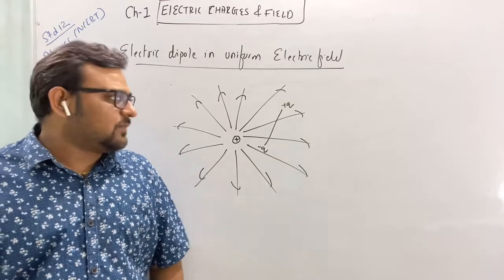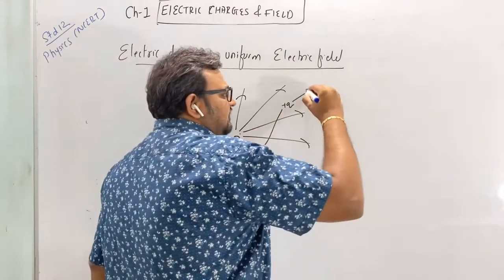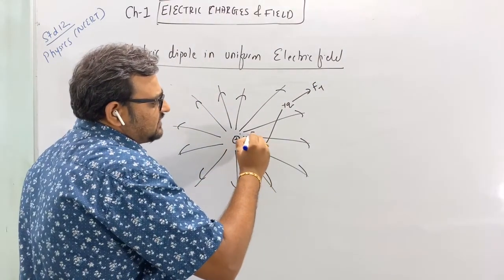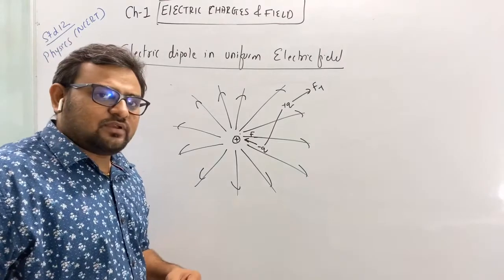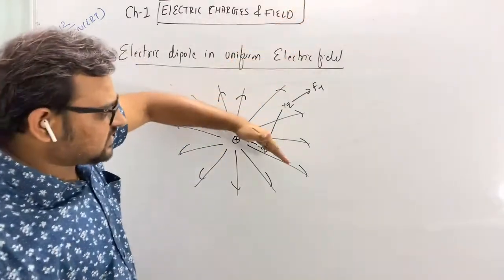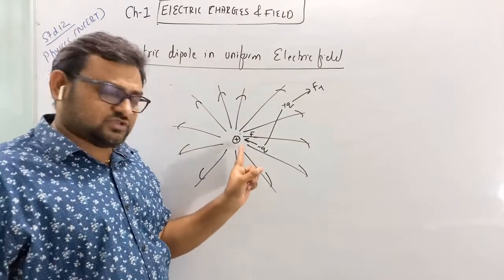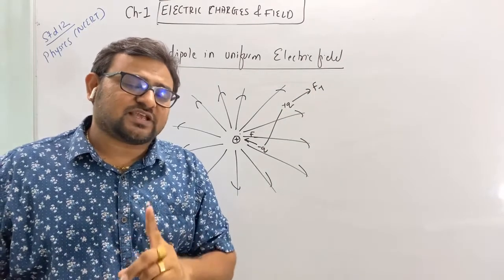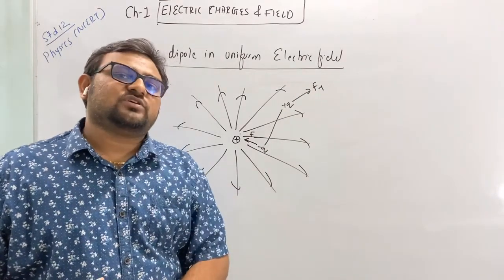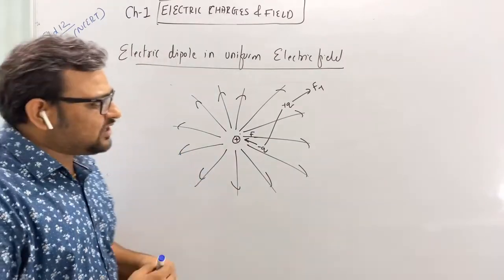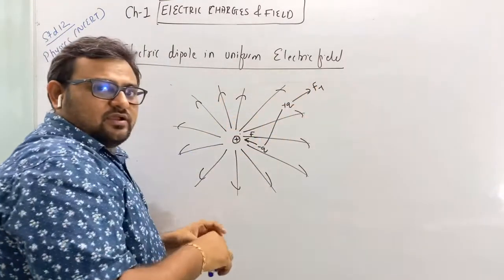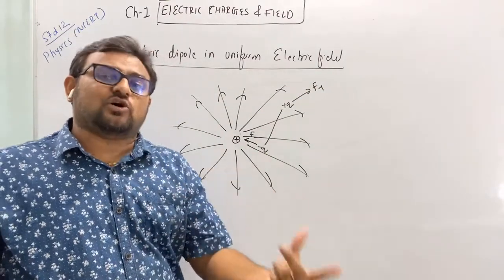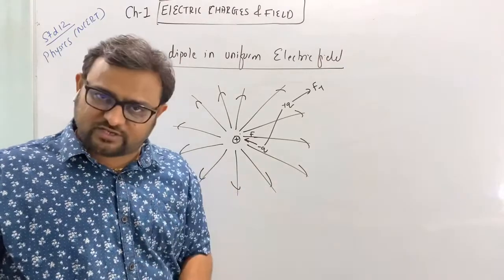In this case, due to the positive charge, F plus will be in this way, and due to the negative charge, F minus will be in this way. One force is in that way, one is in this way. The forces are not in exactly opposite directions, so the net force acting will not be equal to 0. And also it will rotate. Clear? So torque will also act on it.